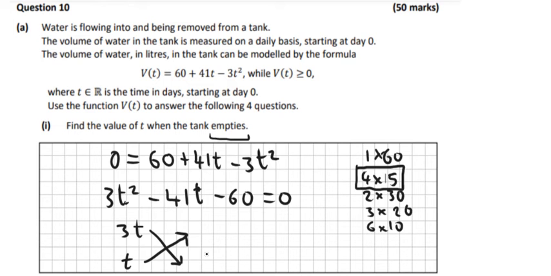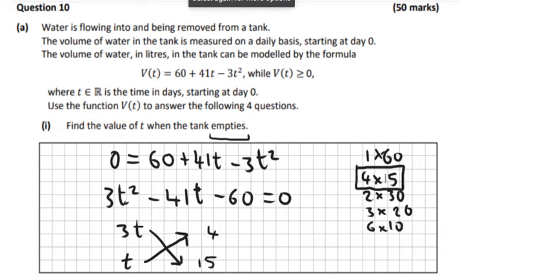You're going to use 4 times 15, so I think it's going to be 15 here and 4 here, and if we make that a minus, then 3 times minus 15 would be minus 45, and if you add on 4 then you get minus 41, and we want minus 41 up here. So those will be the factors.